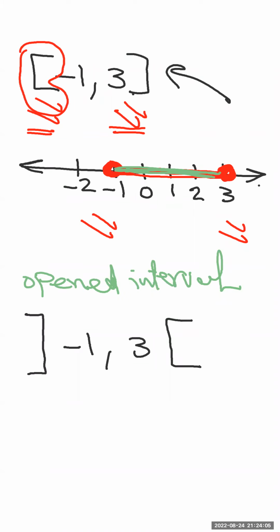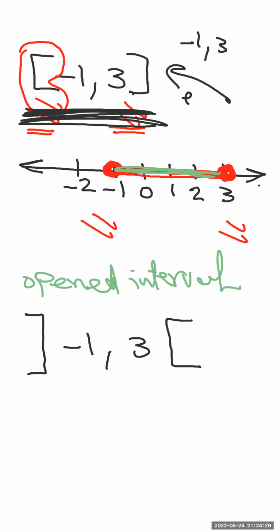Is there a difference between the one on top and this one, the opened interval? Yes, of course. So what will be the difference? On that one, the closed interval, we said that it consists of -1 and 3 and the elements in between. Here, -1 and 3 and elements in between.